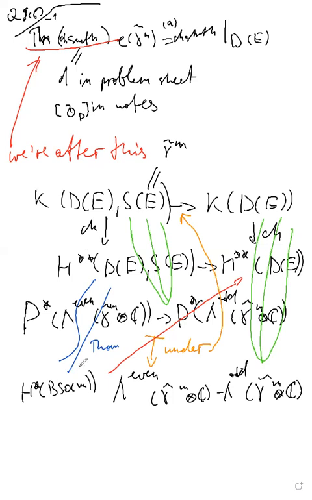Now let's look at this diagram. The red arrow is essentially multiplying with the Euler class by part A. Okay, now the right hand side of the formula is what happens when I take this diagram, go to the right first and then down.